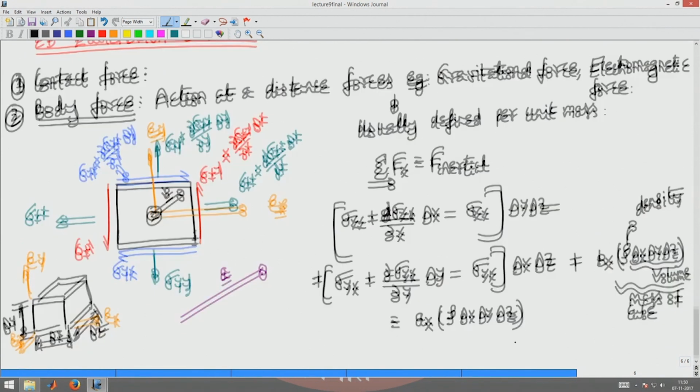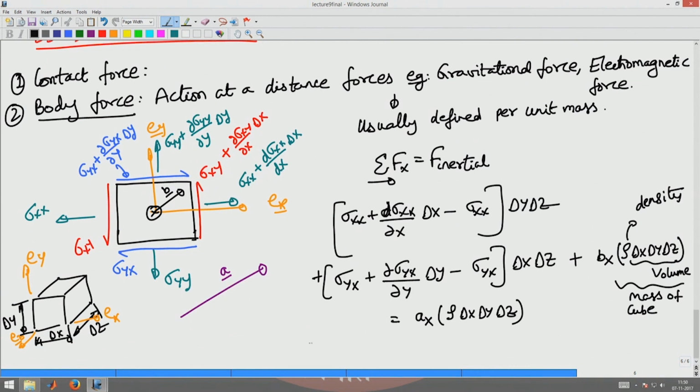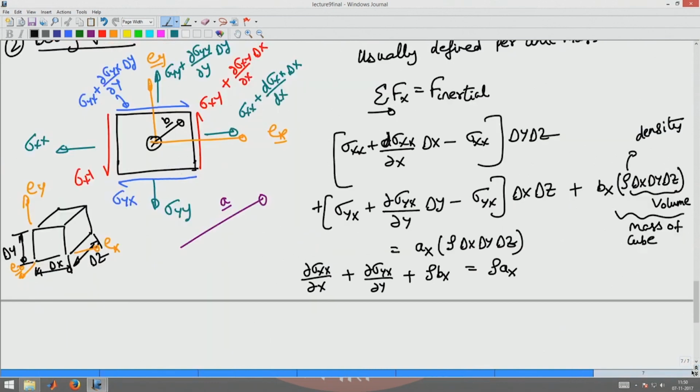So simplifying this, you will get that dou sigma xx by dou x plus dou sigma yx by dou y plus rho bx must be equal to rho Ax, where the volume of the cube I have cancelled throughout.